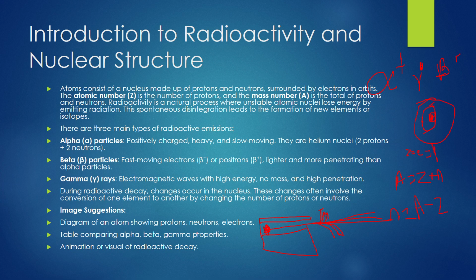During radioactive decay, changes occur in the nucleus. These changes often involve the conversion of one element to another by changing the number of protons or neutrons. See, here I took an element, and this is going through radioactive decay. If this goes under alpha decay, then an element two groups before this element is produced.